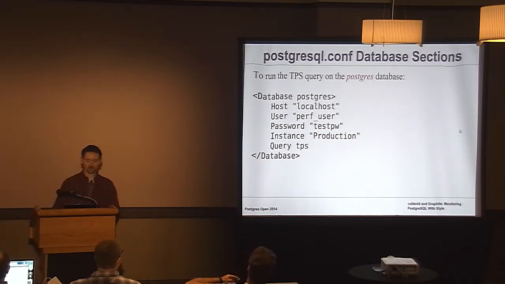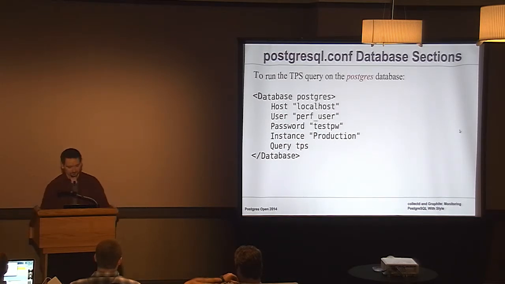But what I'd like to point out is the instance keyword. If you have a system where your database is named the same everywhere you go, say your database is just called production. In this case, it's Postgres. So your database is called Postgres, and you've got one in production, one in stage, one in development, one in integration testing.